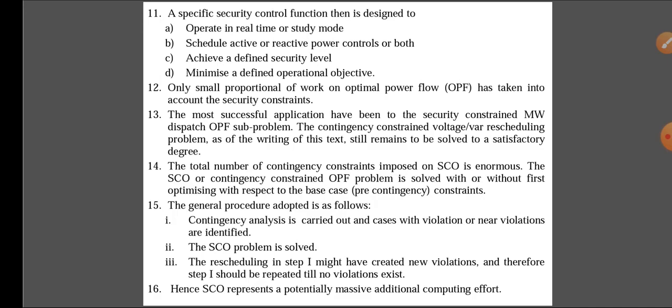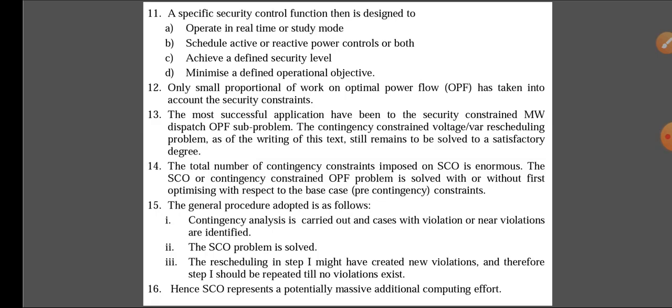For a specific power system, we can define a specific security control function. How can we design it? We should design it in such a way that it operates in real time or in study mode. Secondly, it should be able to schedule active and reactive power controls.